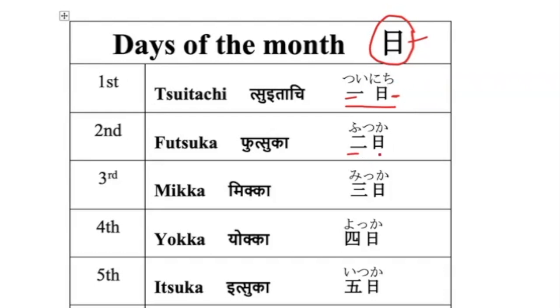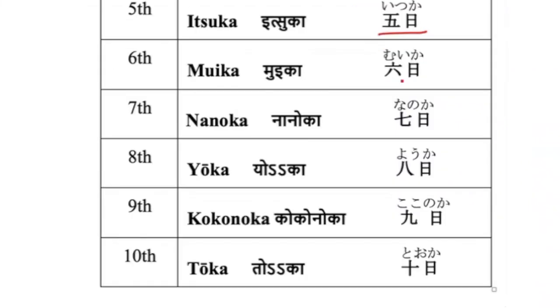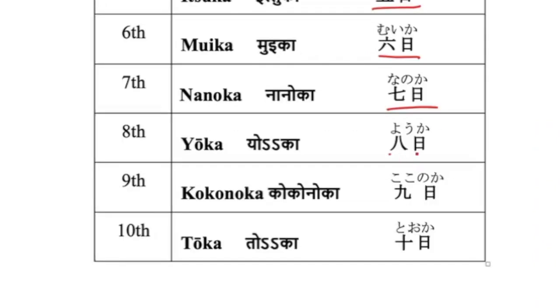Second day is futsuka. Third day is mikka. Fourth day is yokka. Fifth day is itsuka. Sixth day is muika. Seventh day is nanoka. Eighth day is yoka. Ninth day is kokonoka. Tenth day is toka.